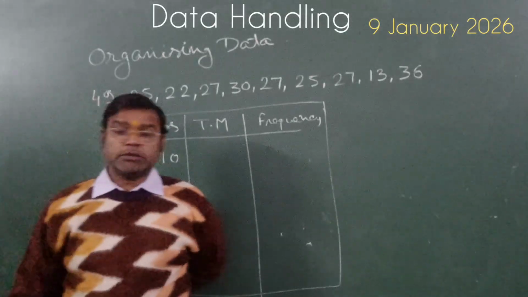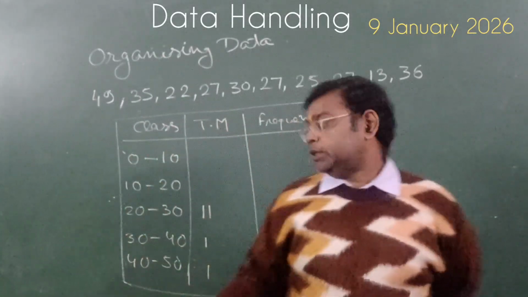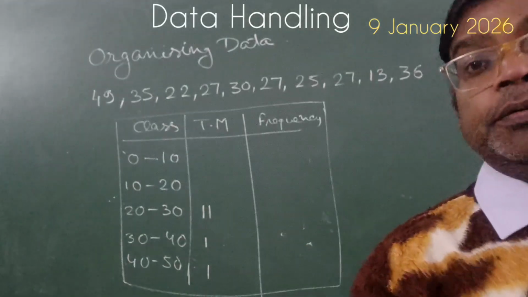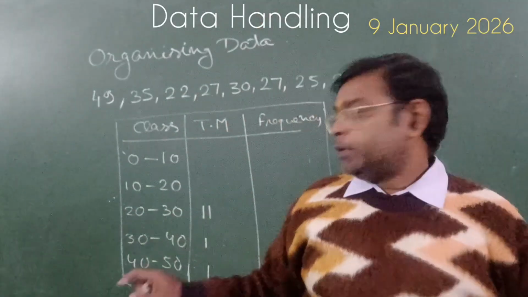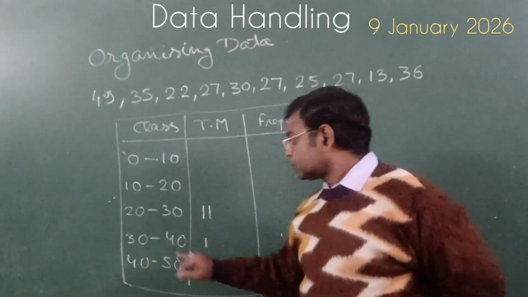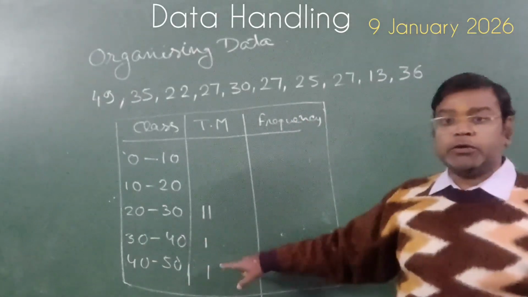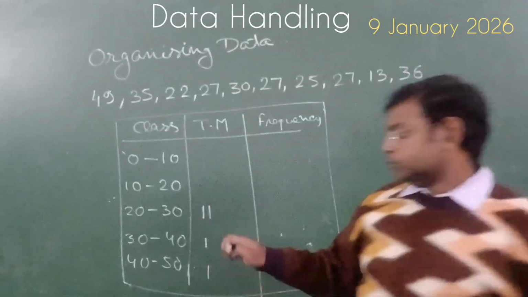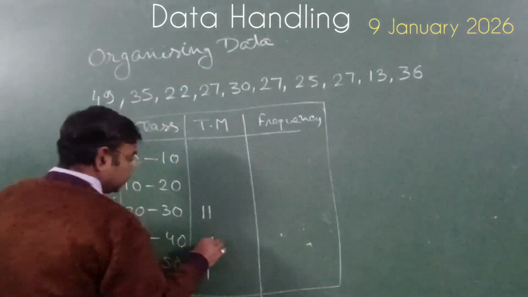Theory says that 30 must be placed in the group where 30 has the lower value. First I am telling you that 30 we must place in this one, not in this one. So this is your 30.